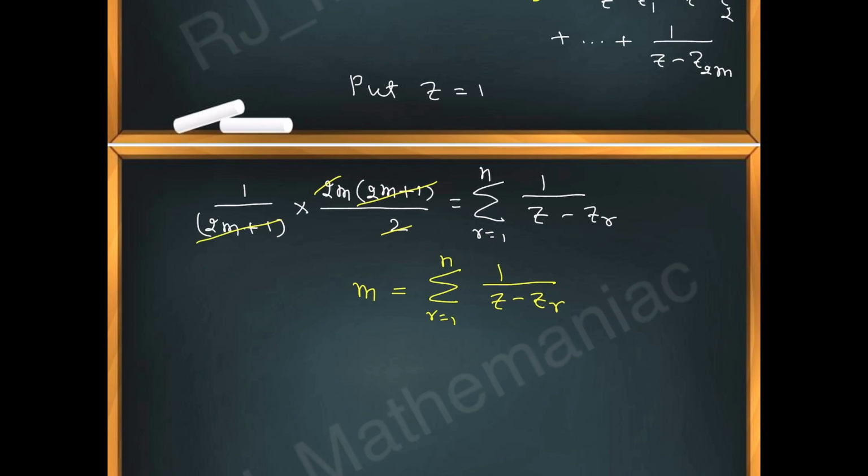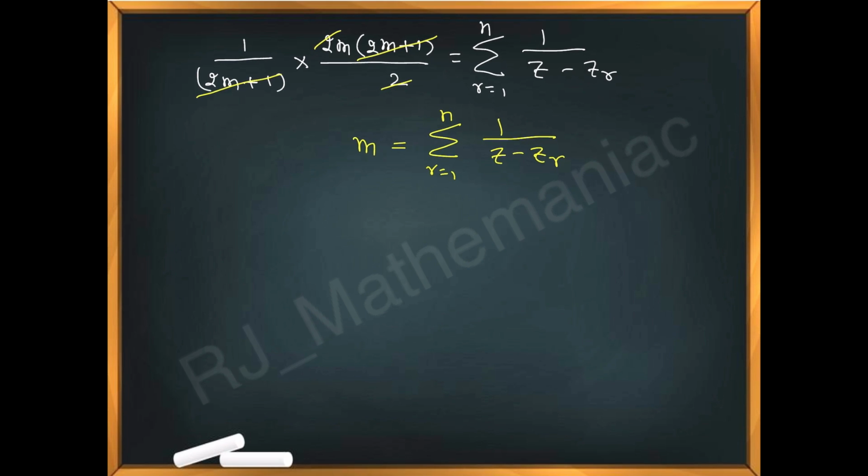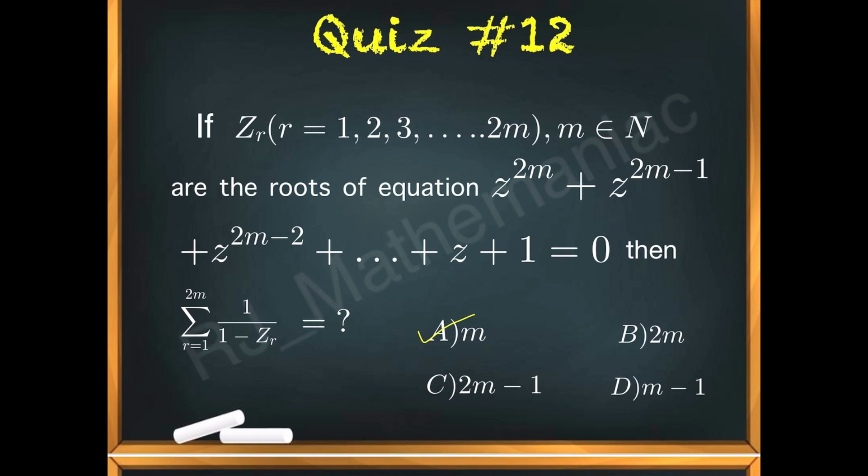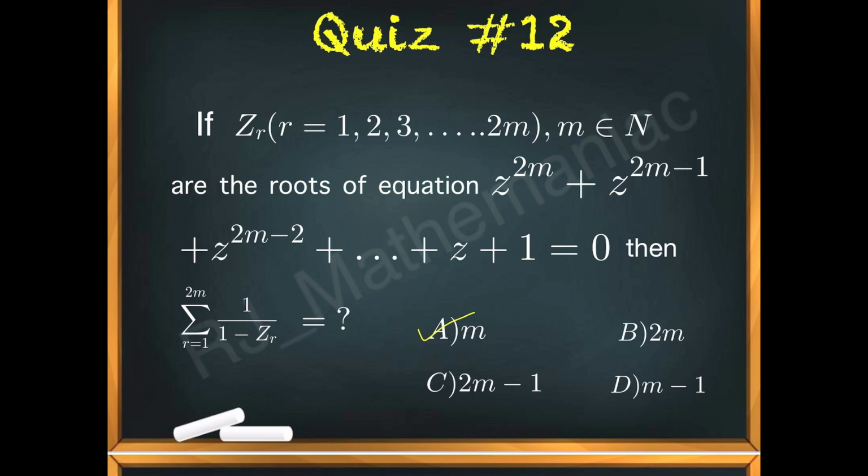If I explain another method, let's say one more method I try. You know that this equation has 2m roots. And if we include z minus 1, multiplying both sides by (z minus 1) into this equation, you will get z^(2m+1) minus 1 equal to 0.